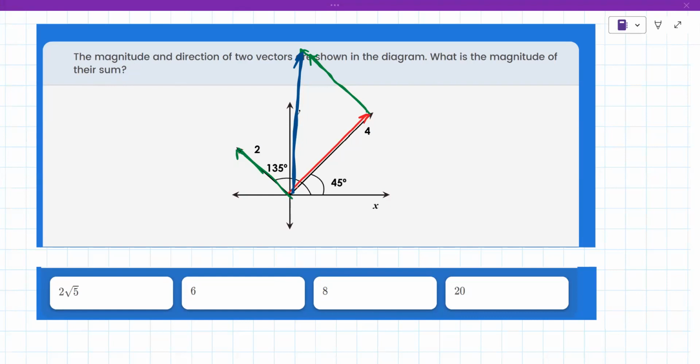Let's just do the 2 square root of 5. Good. All right. Let's go to the next one here.